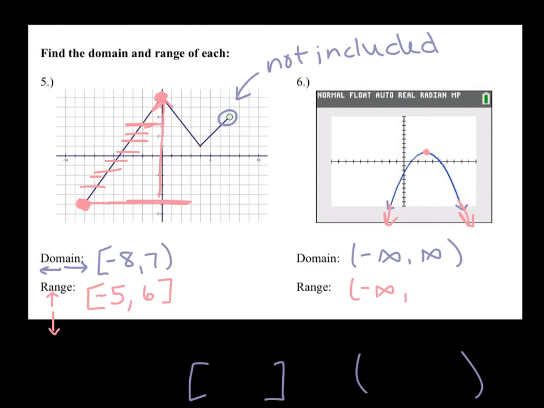But the highest point it's going to reach is 2, which is part of our function. So we're going to use a bracket. So remember, parentheses not included. Brackets is included.